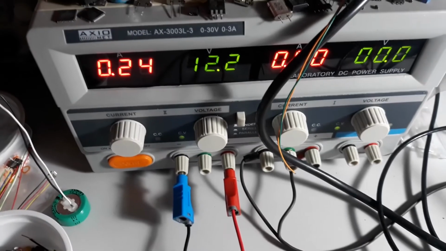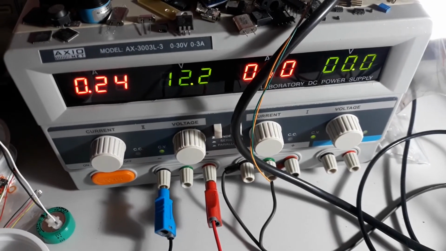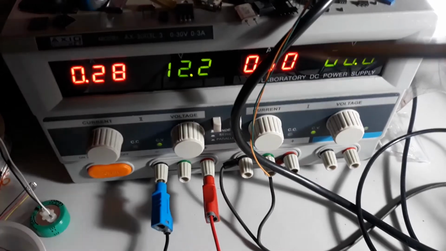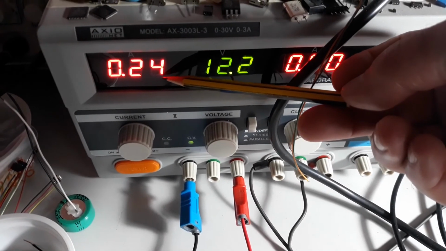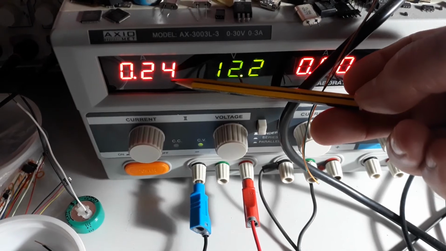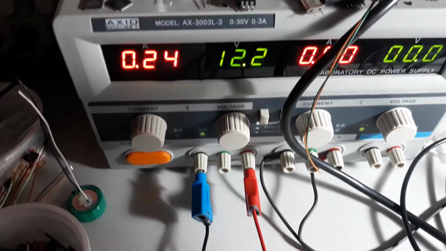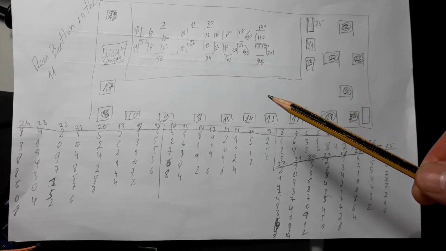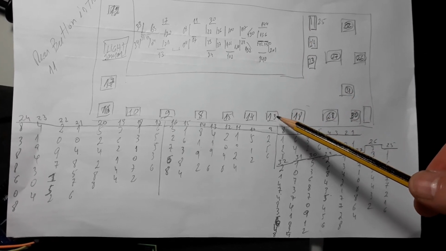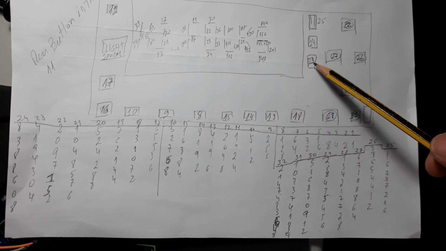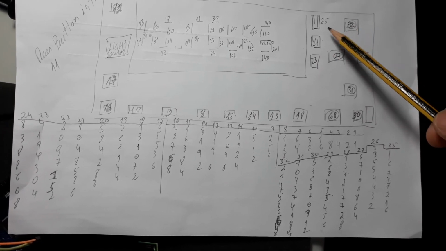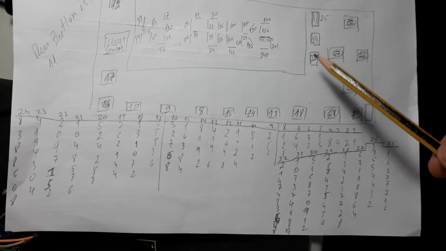The bulbs in the backlight illumination of the display draw 240 milliamperes. Here you can find the number of the values corresponding to the keys, for example 32, 25, 24, 23.